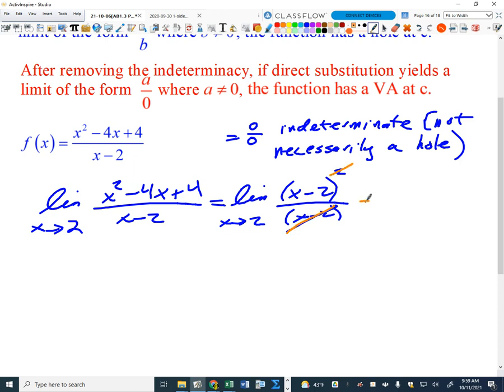And so we end up with the limit of, oh, this one worked out, didn't it? Yeah, this one worked out. Okay, that one worked. So that was a hole, right?